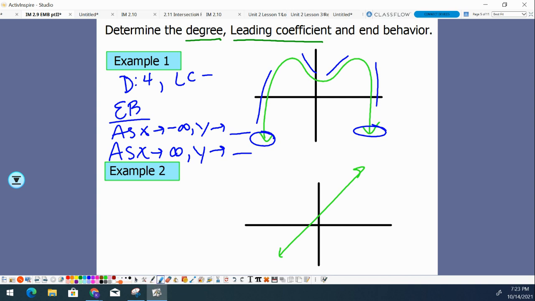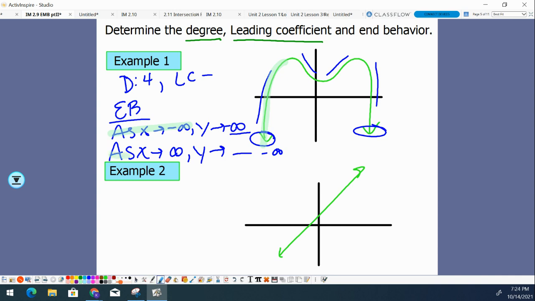So let me translate this. What did we just write down? As x approaches negative infinity just means to the left. If I trace the left side of the graph, which way is it pointing? Down to negative infinity. Down just means negative infinity.